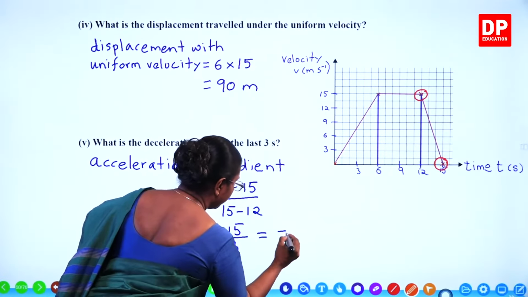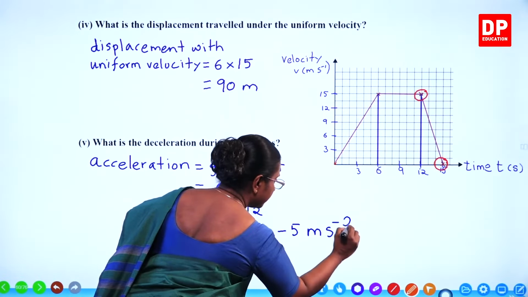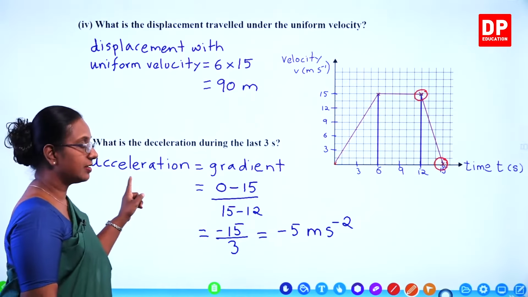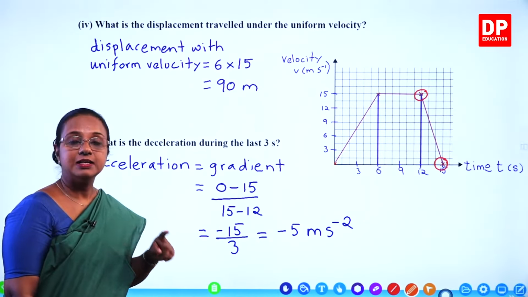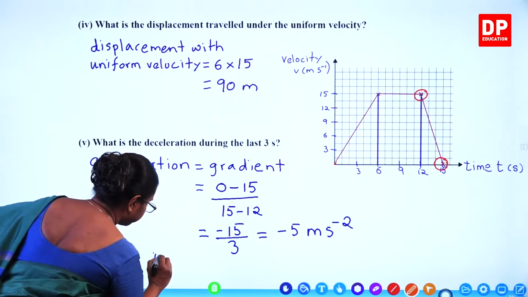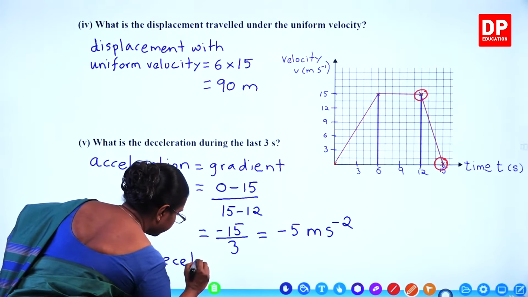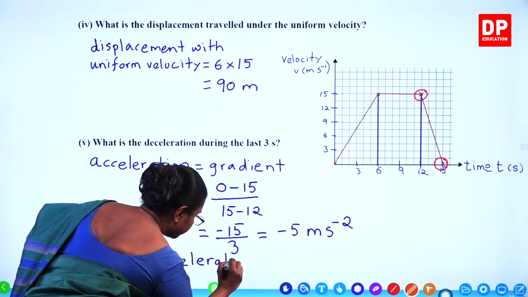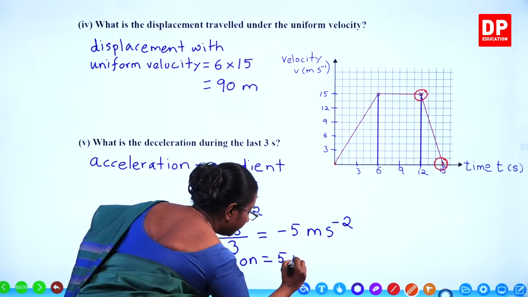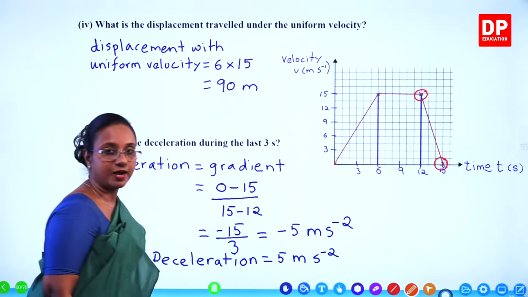That is equal to minus 5 meters per second square. As you all know, a negative value for acceleration will be the deceleration. So we rewrite it as deceleration equals 5 meters per second square.